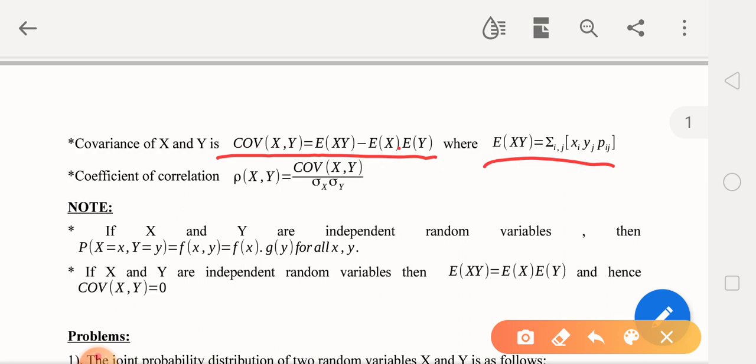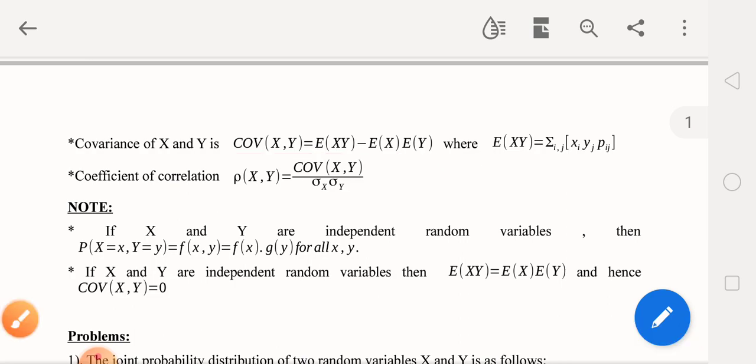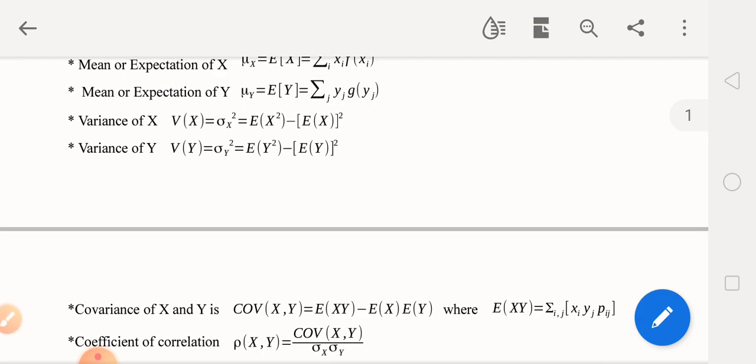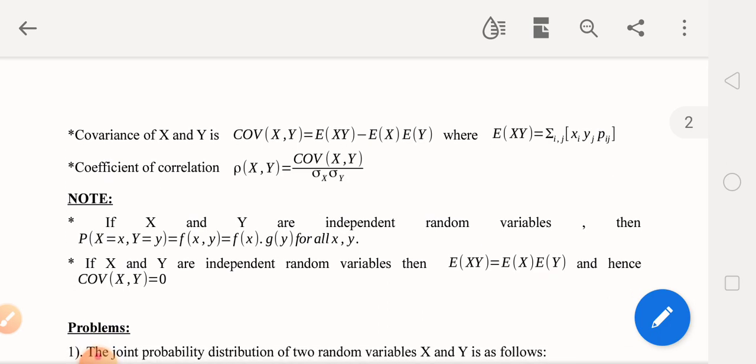Coefficient of correlation, eta of x comma y, equal to covariance of x comma y divided by sigma x sigma y. Sigma x means standard deviation of x, sigma y means standard deviation of y. Already we have variance of x and variance of y here. Just by taking square roots we will get standard deviations.